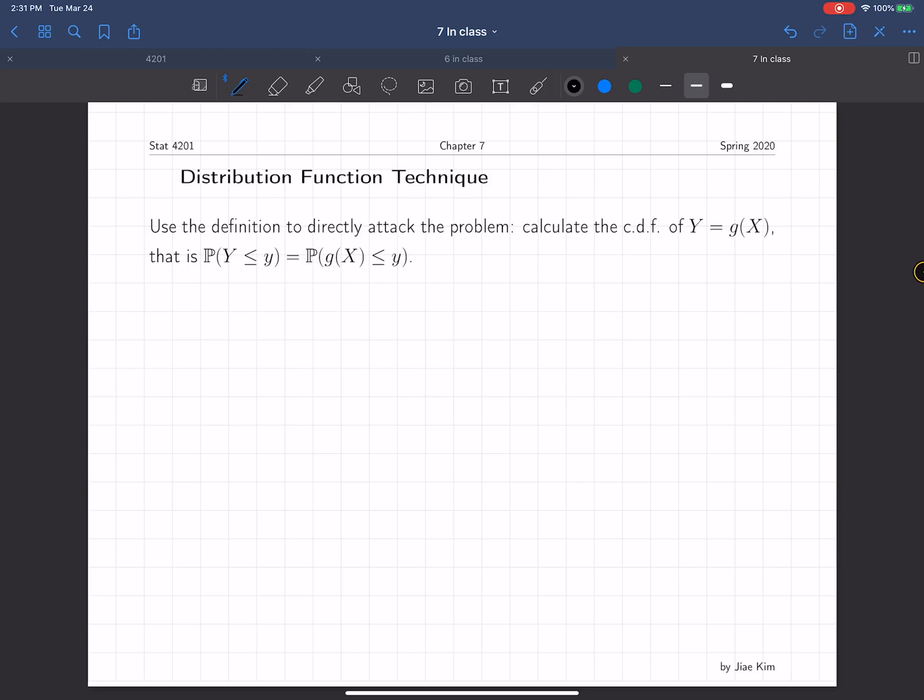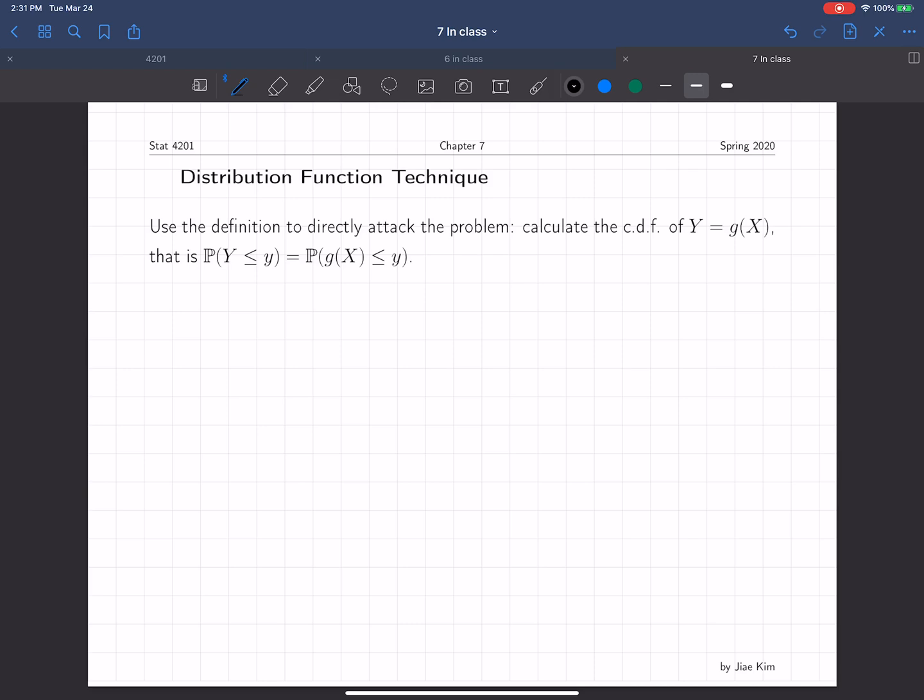We find the distribution of a transformation of X by identifying the CDF of the new random variable Y. Once you have found the CDF of Y, you fully characterize the random variable.